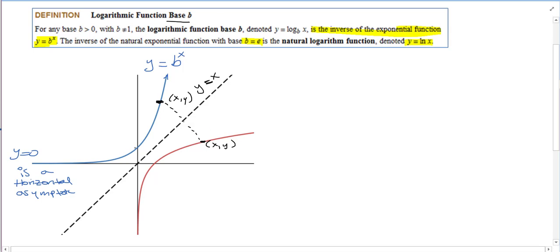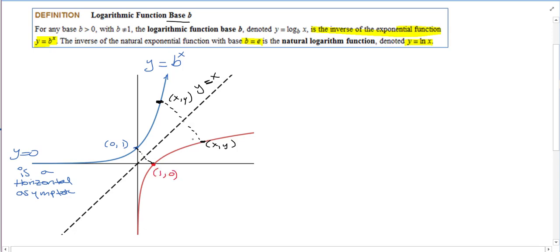For the y-intercept, I have the point here, the y-intercept is (0, 1), and as you reflect it along the y equals x line, now instead of being a y-intercept, it is an x-intercept. And so the x-intercept for most exponentials with no vertical or horizontal shifts is the point (1, 0).